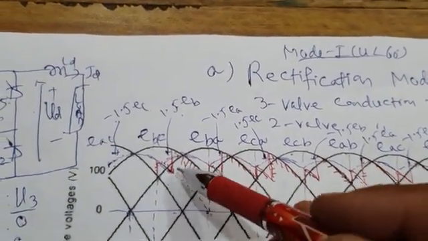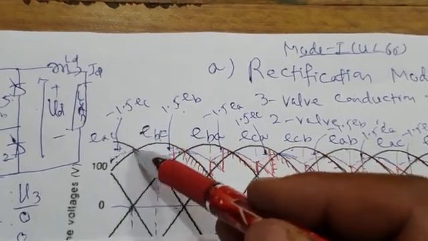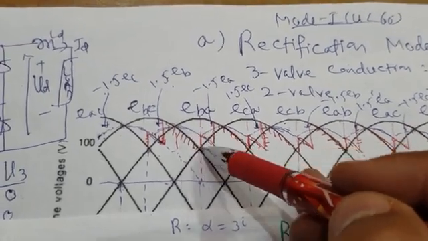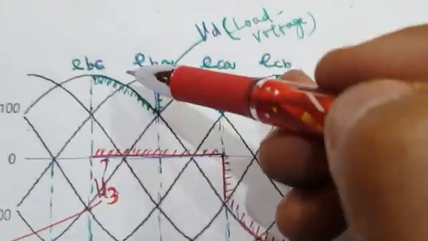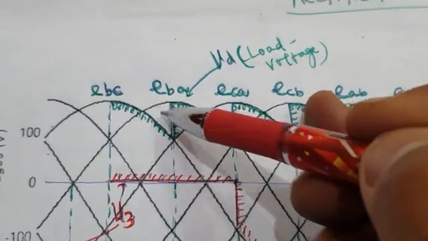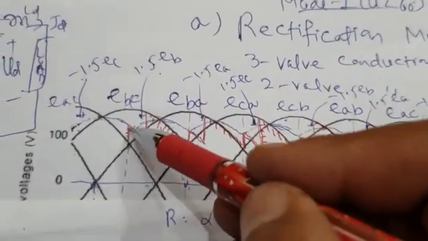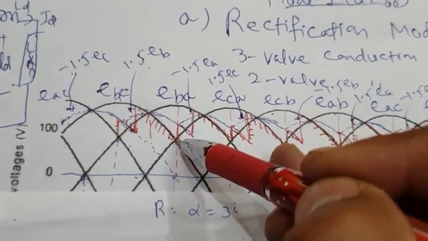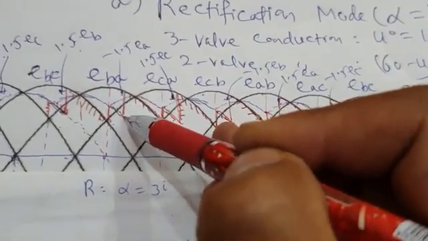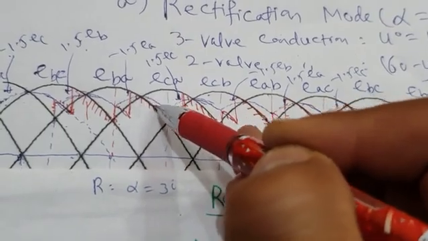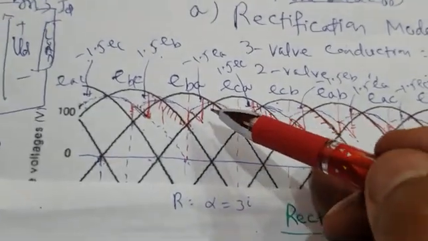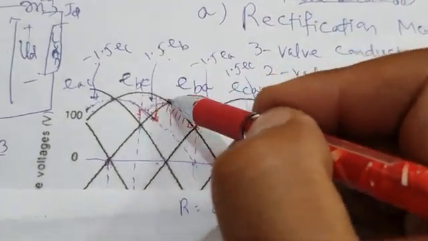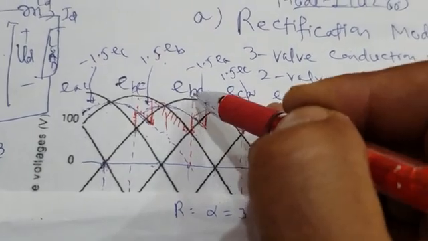Okay, your load voltage is minus 1.5 times EC. For 15 degrees it is that, whereas here for the entire 60 degrees it was EBC, the line voltage. Here for 15 degrees it is 1.5 times phase voltage, and then for 45 degrees it is line voltage. Then again for 15 degrees it is 1.5 times some phase voltage, and then it is line voltage. So that means there is a drop in the voltage. Otherwise for 2 valve conduction, this should have been your load voltage. This.